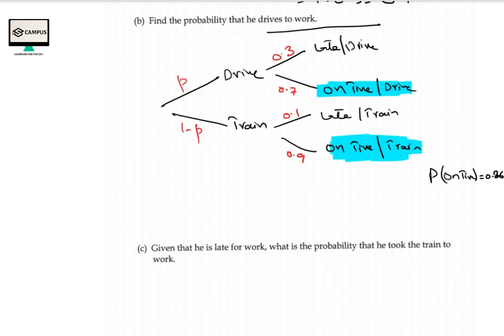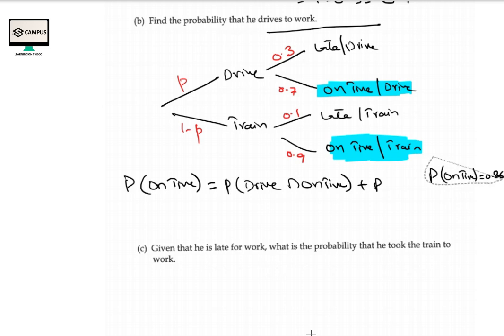So we can say that the probability of on time would be equal to the probability of drive, that is the event when Chin drives, intersection on time, plus the probability of train intersection on time, which are, by the way, these two respective branches, right?